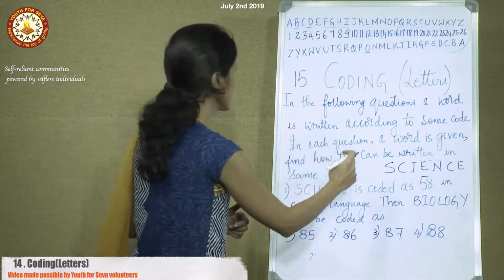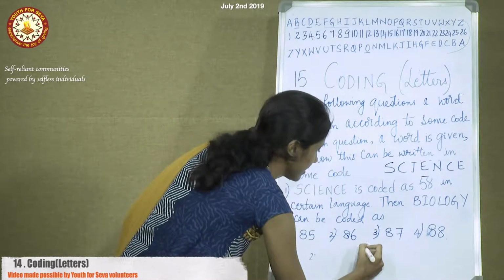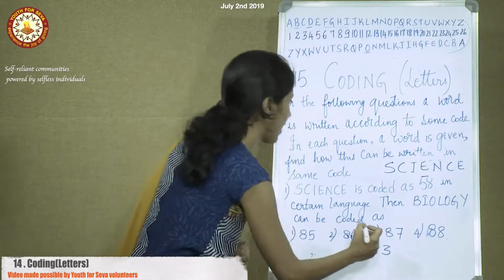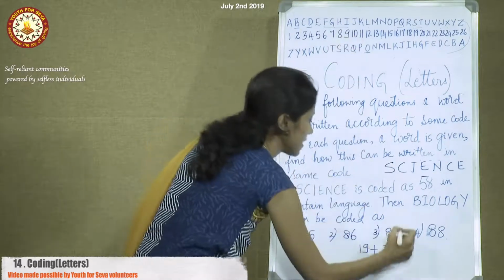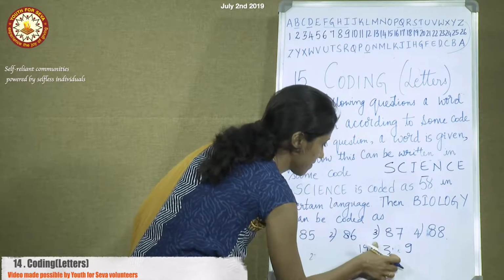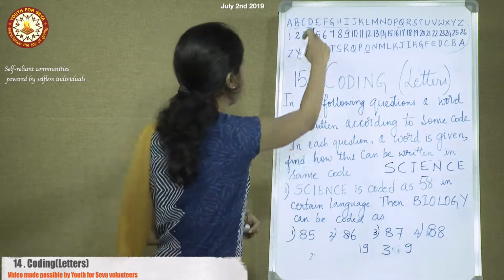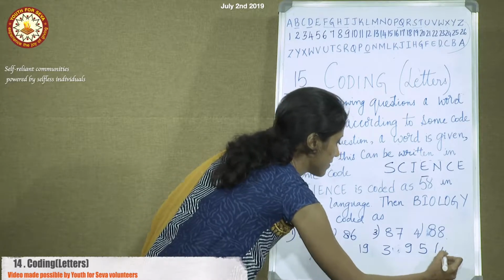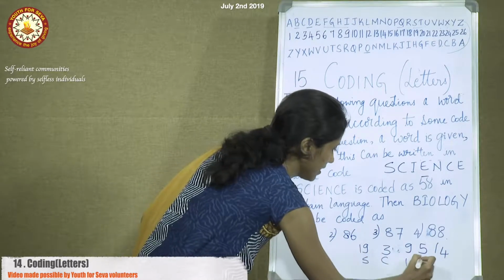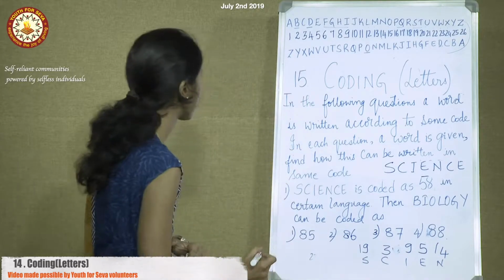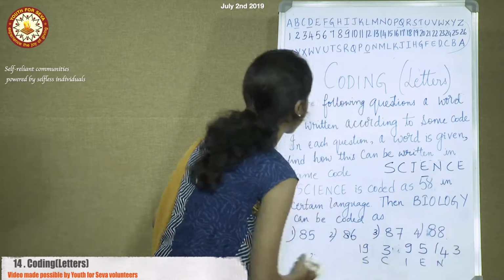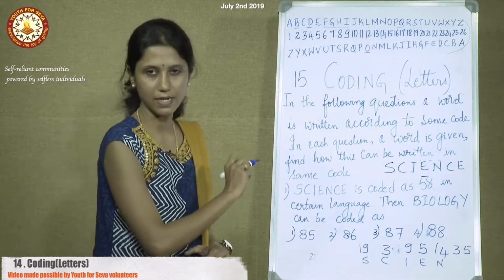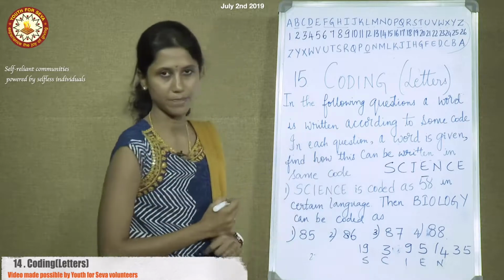So S in the forward direction is the 19th letter, C is the 3rd letter, I is the 9th letter, E is the 5th letter, N is the 14th letter, and still 2 more letters are there, C is the 3rd letter again, and E is the 5th letter. So you have the numbers 19, 3, 9, 5, 14, 3 and 5.